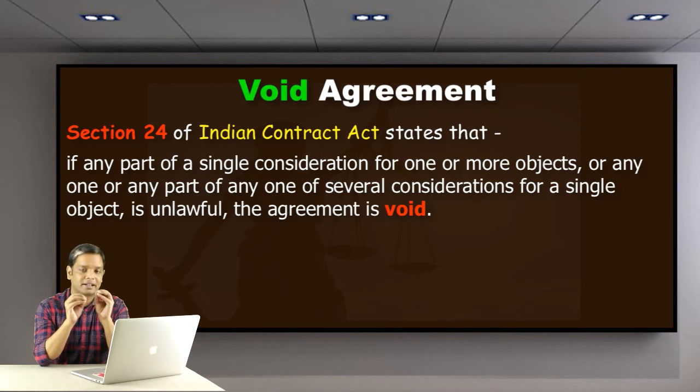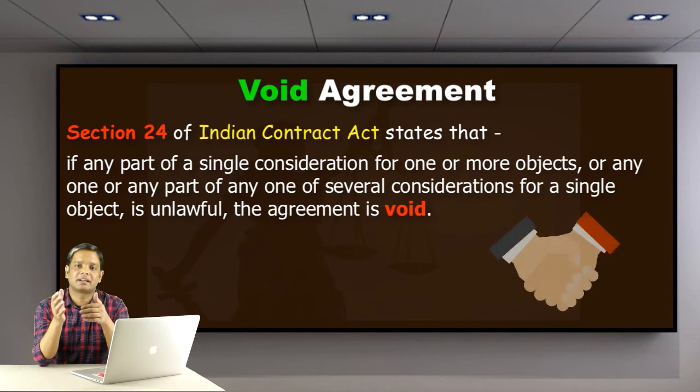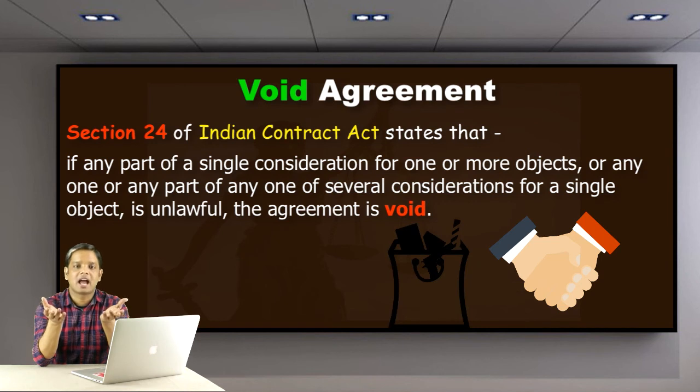Rather, understand it this way: suppose you are making an agreement for certain items, and the items are different, so there are different considerations. Say out of 5 items, one is illegal or unlawful.